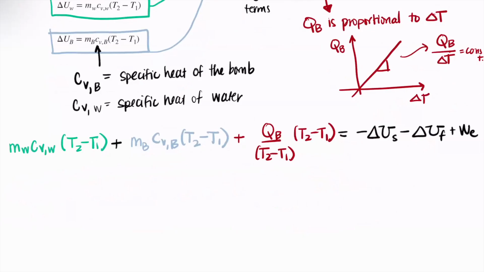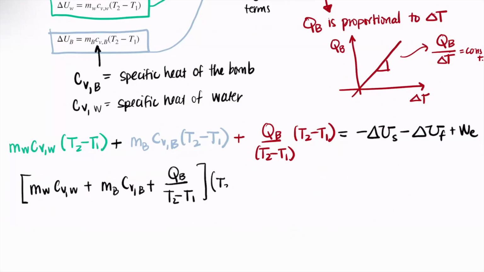So I'm going to just factor out my T2 minus T1 on the left-hand side. So I have MW CVW plus MB CVB plus QB over T2 minus T1, and then all those terms are multiplied by T2 minus T1.